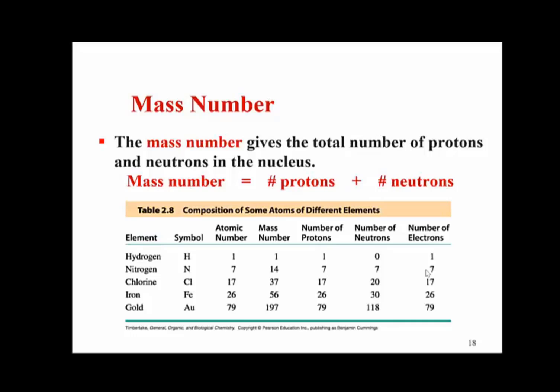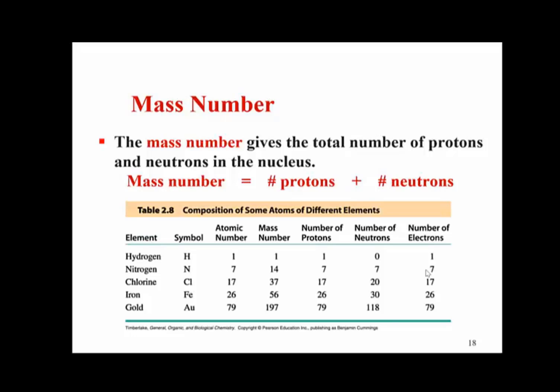This is called atomic number, the lower left number, and this is called mass number. Mass number shows number of protons and neutrons. Atomic number shows number of protons. If I want to decide number of neutrons, I have to write 56 minus 26. Does this make sense?